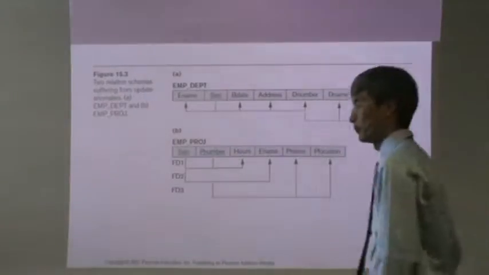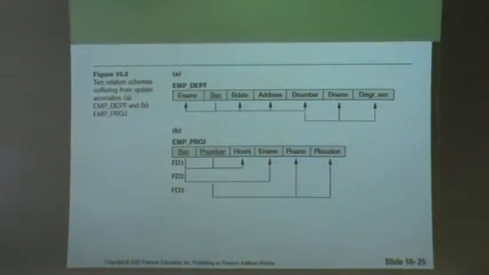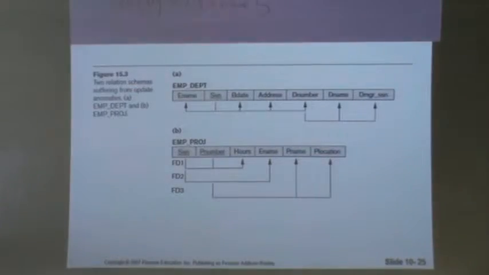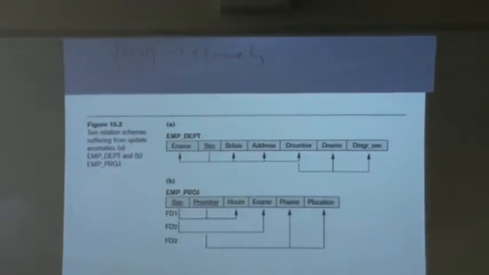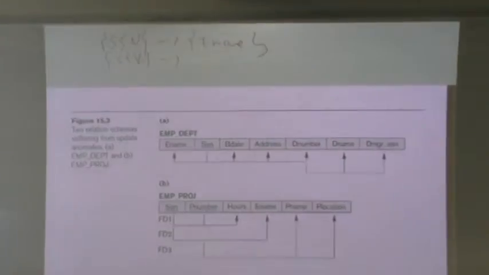For example, let's see. Social security number determines what? Every other one. E-name. That makes sense. What does the social security number determine? B-date. Every other one.